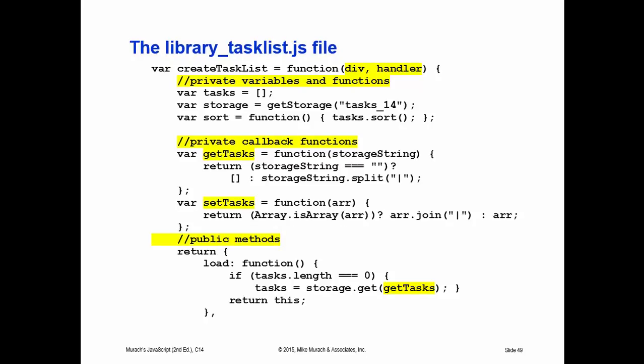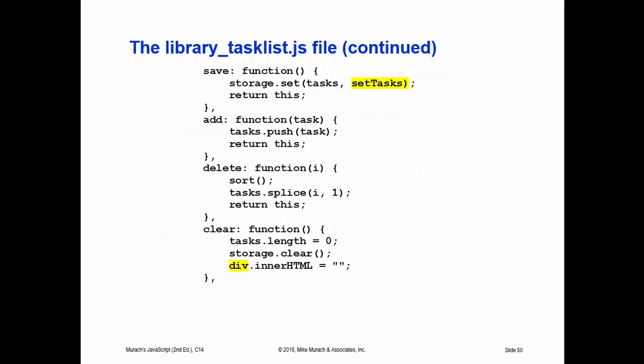The task list library file, which is shown on the screen here, uses closures and callback functions. It starts here with a create task list, which declares a variable named tasks that holds an array, a variable named storage that holds the object returned by the getStorage factory function, and a variable named sort that holds the function for sorting the tasks in the array.